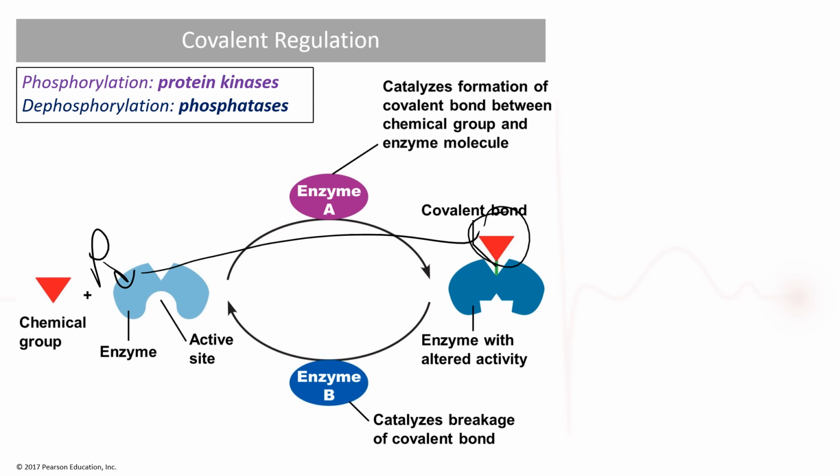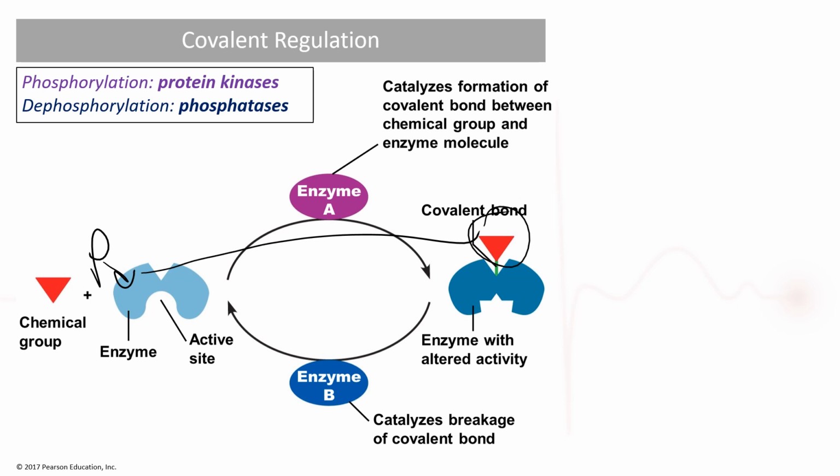You can be covalently activated or covalently inhibited, just like you can be allosterically activated or allosterically inhibited. And by you, I mean the enzyme. The difference is, of course, that in allosteric regulation, it's a molecule coming along and binding to a specific regulatory site.